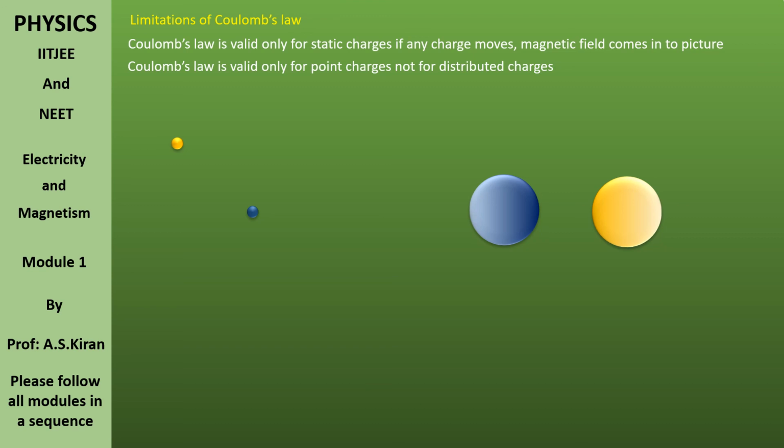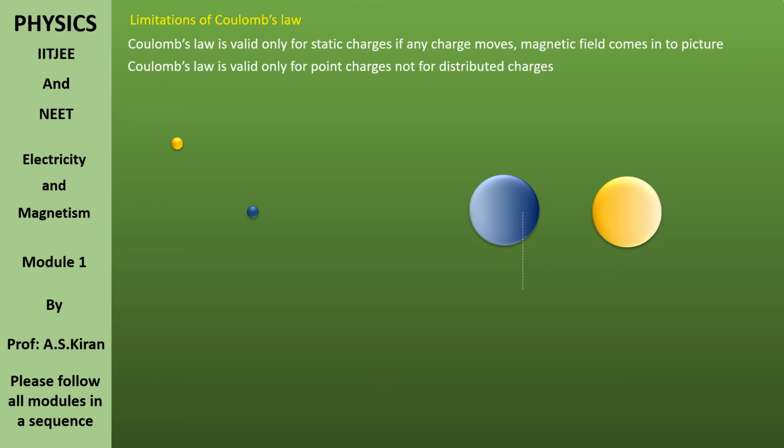Let us observe in the diagram. In the negative charge, the charge is accumulated at the end because it is a good conductor. The first particle is a good conductor, the second particle is a good conductor, but both the particles are charged. When you bring them nearer, the charges will move to the edge.